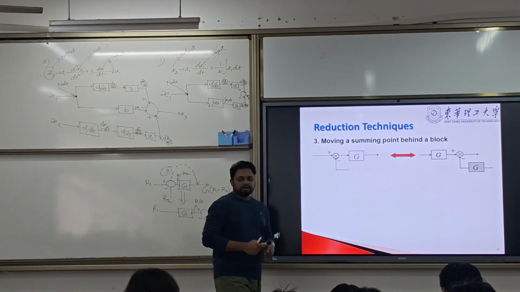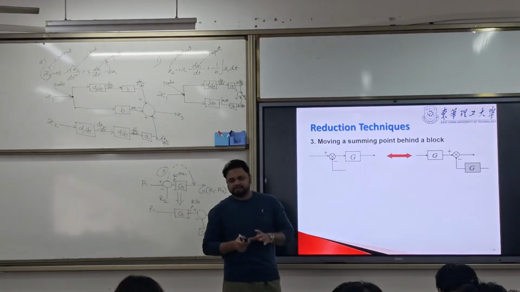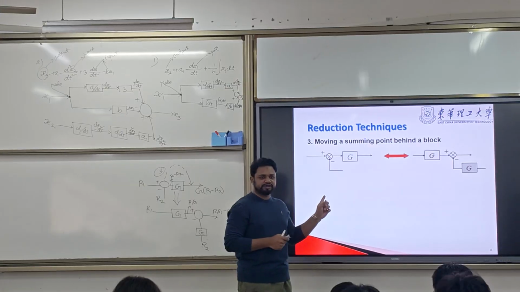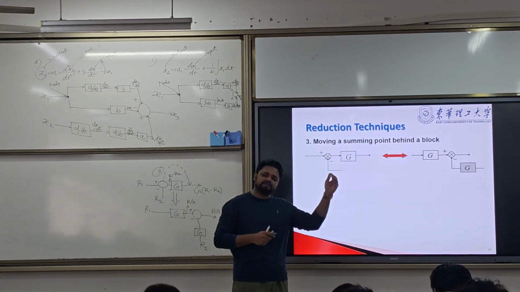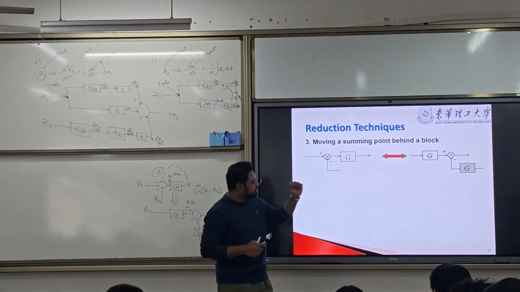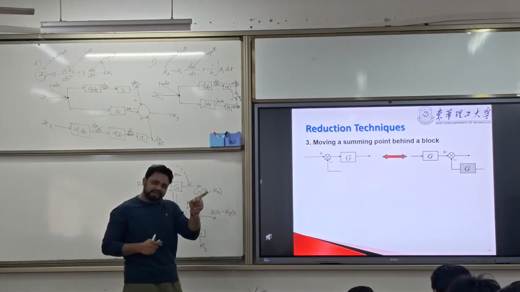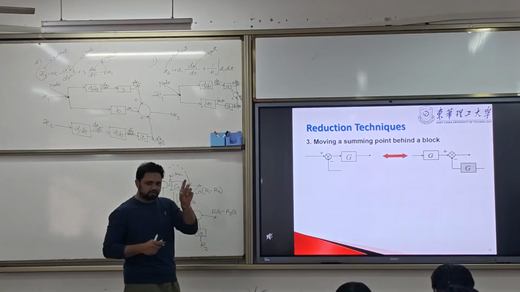Okay, we're talking about the summing point movement. First one, we already have seen that if we want to move a summing point after a block, then we need to multiply with that same gain. G is called gain.